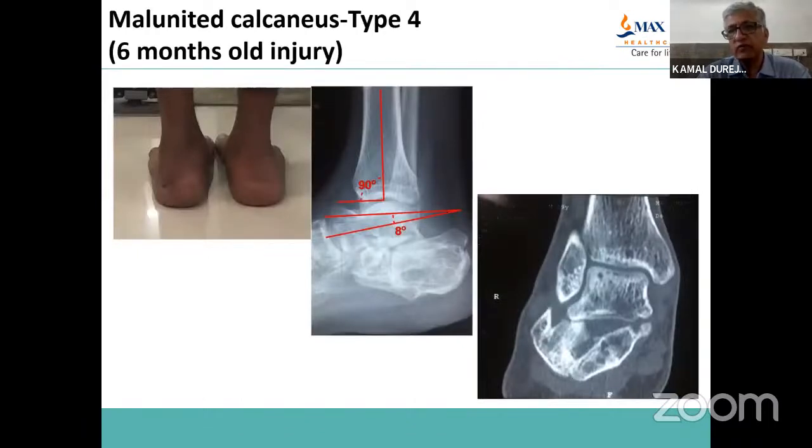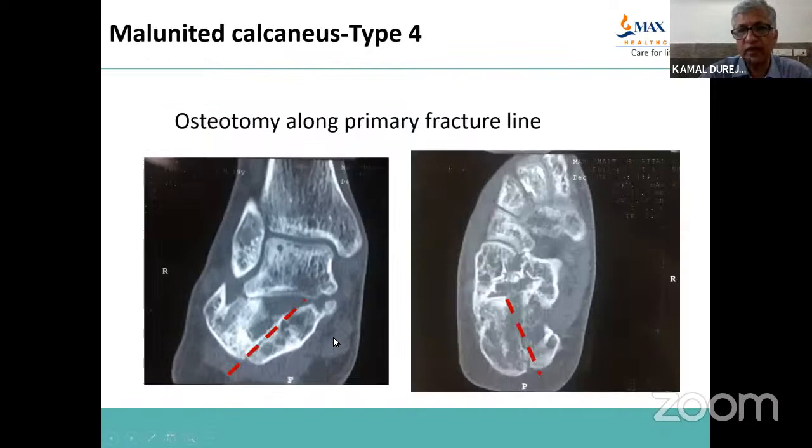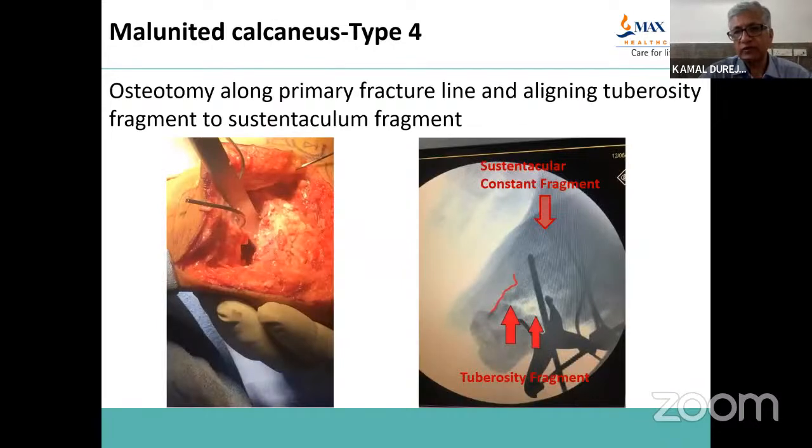If it is mixed with an angulation and the injury is not too old, what you have to do in these cases is an intra-articular osteotomy and reduce this translation by doing almost an open reduction, holding it with wire, seeing to it that you have restored the medial border again. You have brought this tuberosity fragment and sustentaculum fragment into the right orientation and fixed it before you proceed to subtalar fusion.